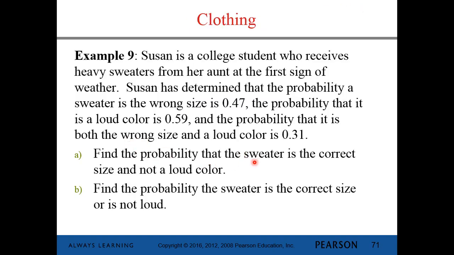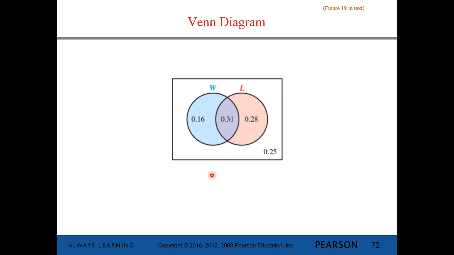So find the probability that the sweater is the correct size and not a loud color. The correct size, well, where's the correct size? The correct size is outside W. Okay, so outside W is everything here, right?